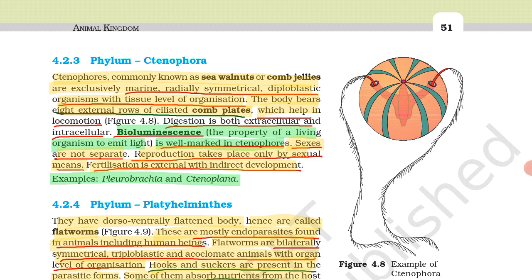So you have to keep in mind that in each phylum very different information is given. By reading thoroughly, remembering, and proper revision you will learn this, because in one day it is not possible to cover all these phyla.